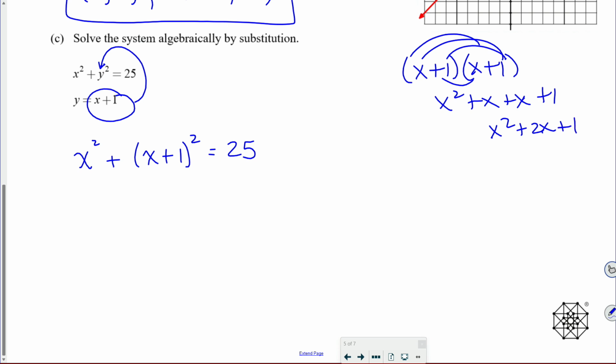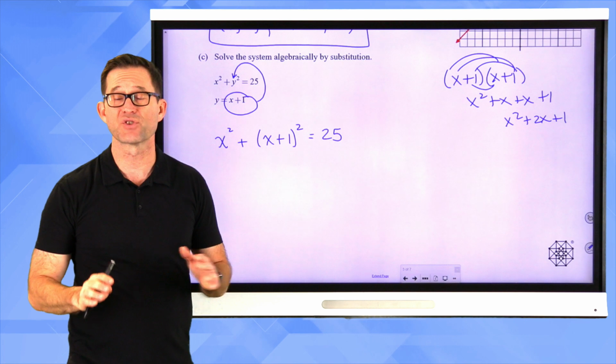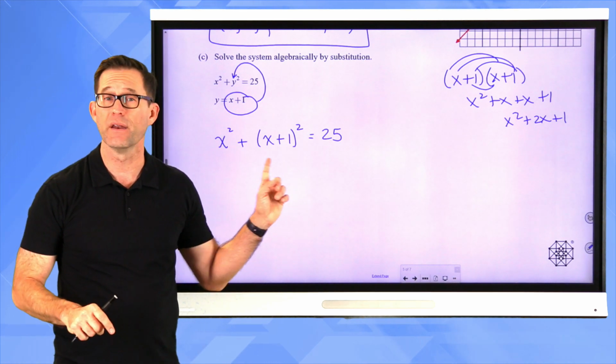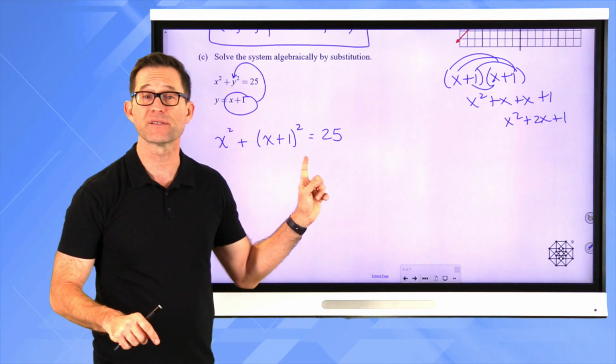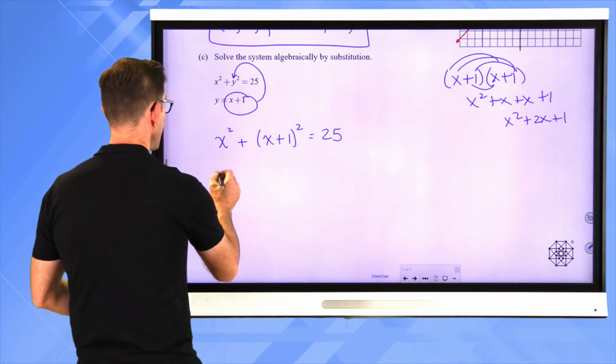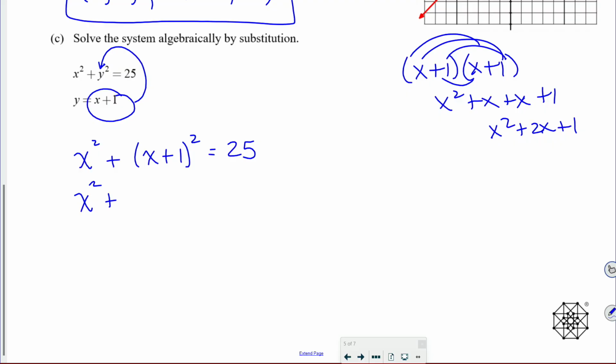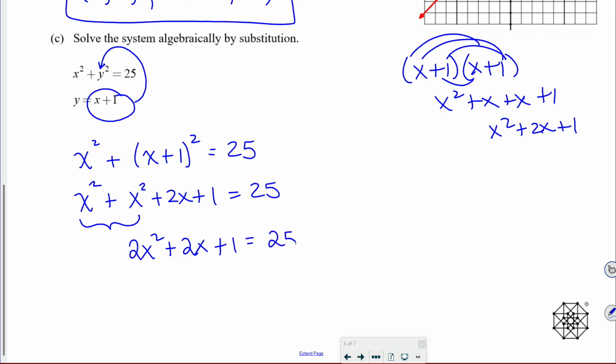That is just what (x plus 1) squared is. So I'm going to replace (x plus 1) squared with x squared plus 2x plus 1 is equal to 25. I can combine these x squareds, so I'll get 2x squared plus 2x plus 1 is equal to 25.